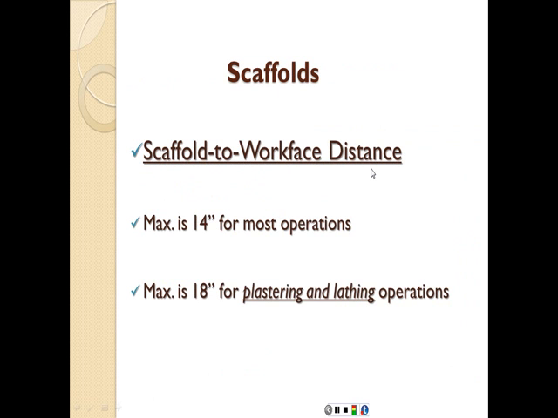Scaffold to work face distance. We don't want someone to lean too much forward and they can lose their balance and fall if there's a big distance, or space, between the face of the scaffold and the working surface.